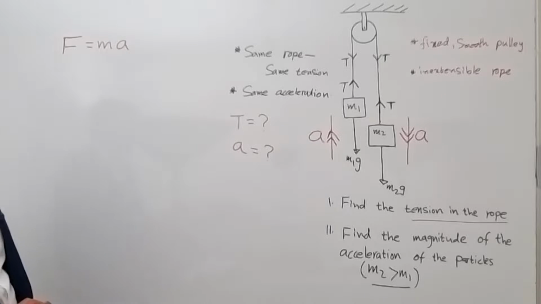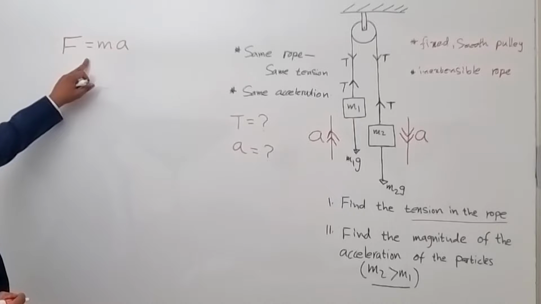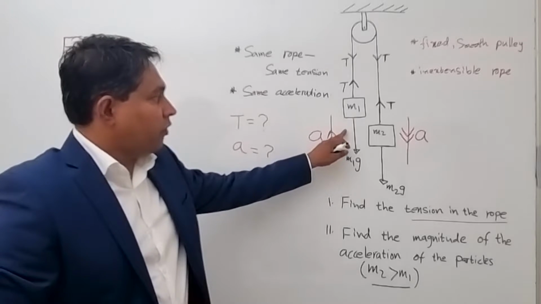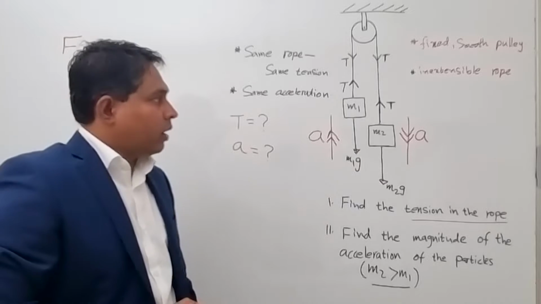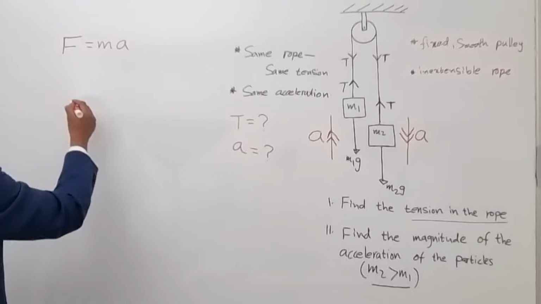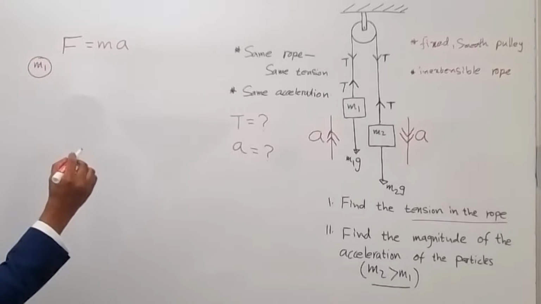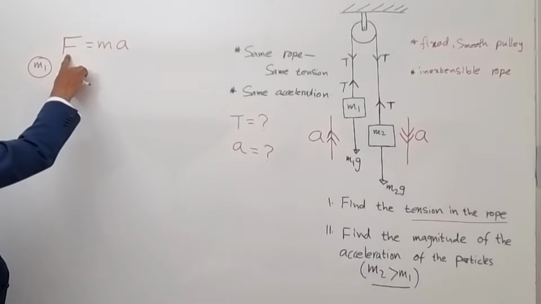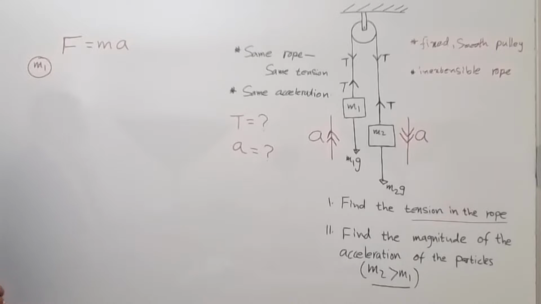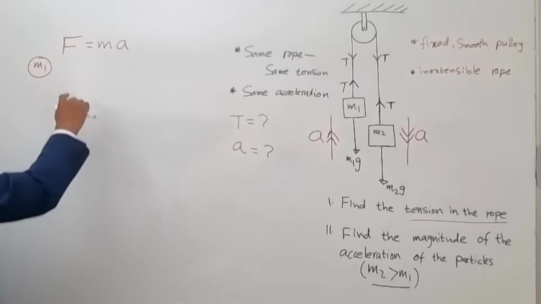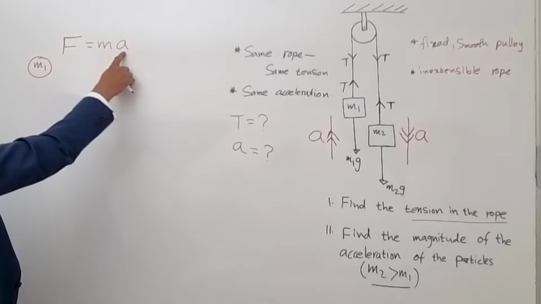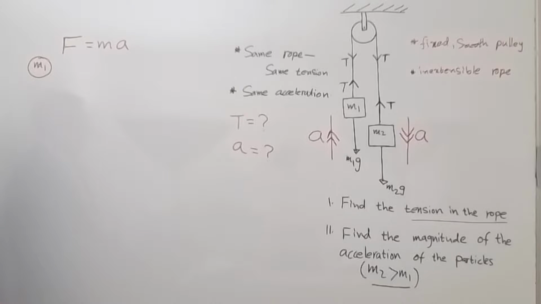I'm going to write F equals ma for each of these particles separately. Let's do it for particle m1 first. F equals ma is what we call a vector equation. Essentially, we need to consider the direction of F and the direction of a when we use that equation.